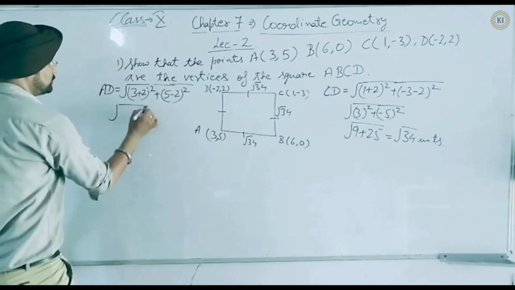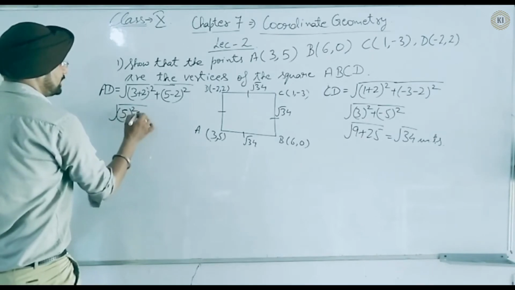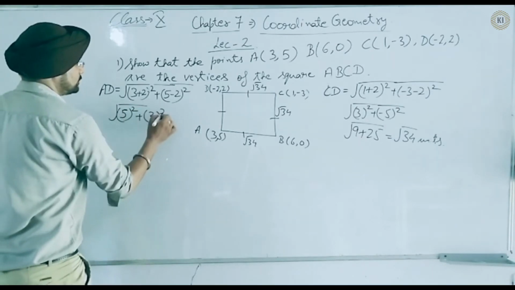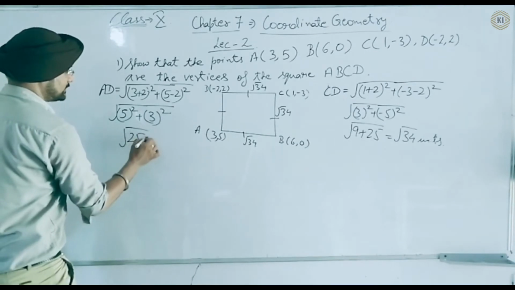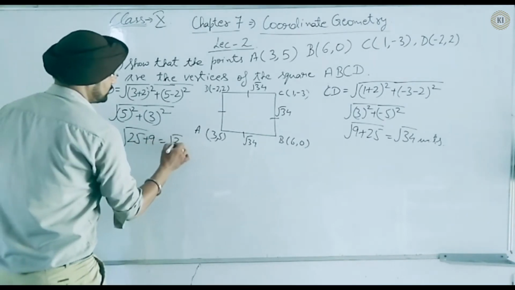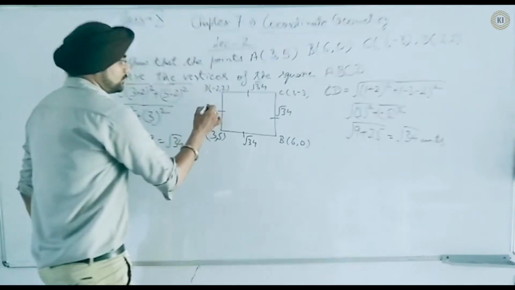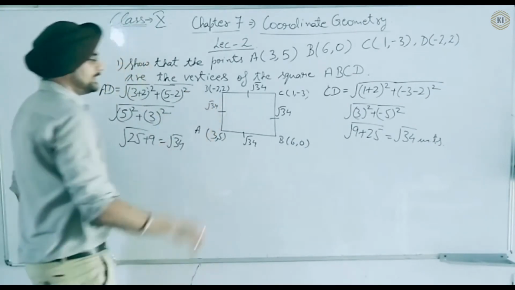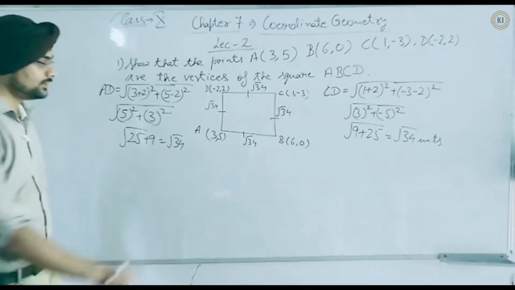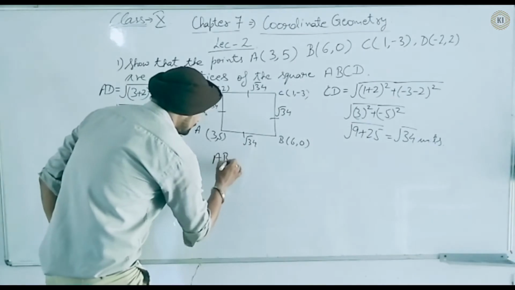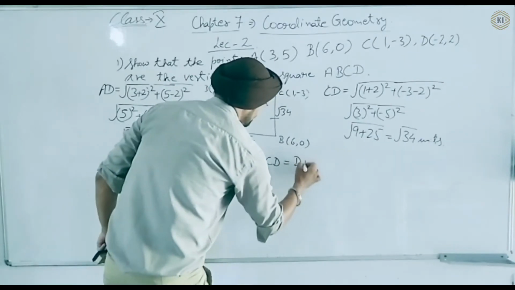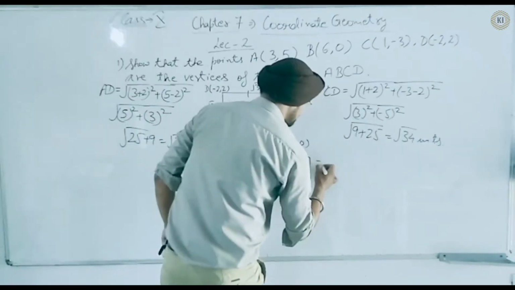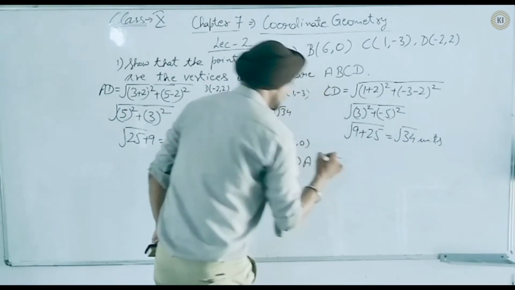So 3 plus 2 is 5 square plus 3 square. 5 square is 25, 3 square is 9. It will be under root 34. So AD is also coming as root 34. So AB is equal to BC is equal to CD is equal to DA. All the values are coming as root 34 units.